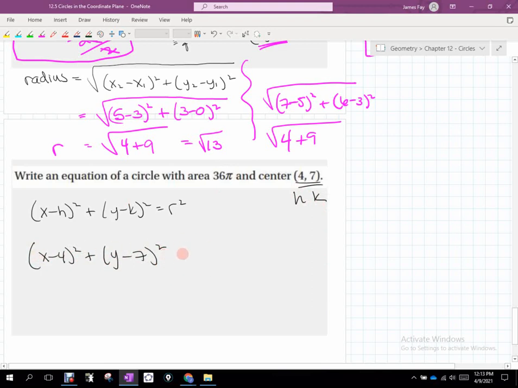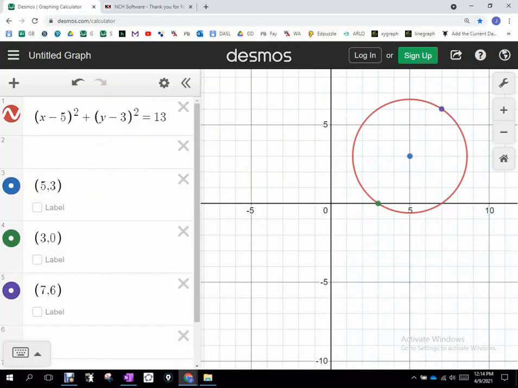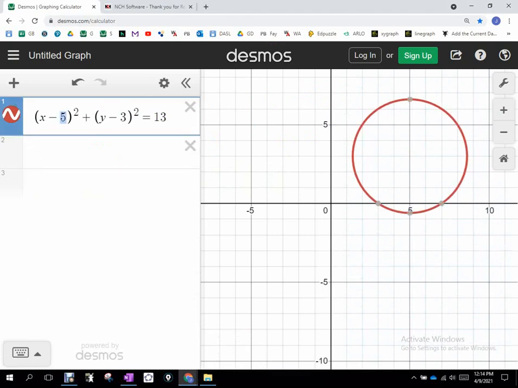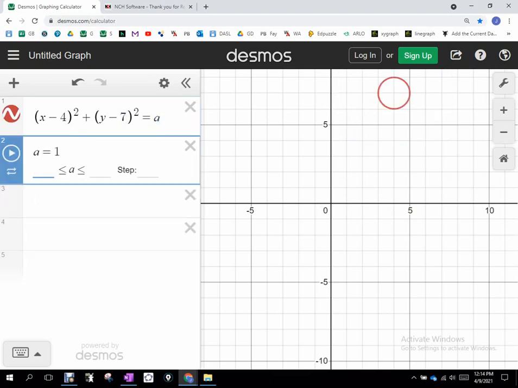But if I just have it, there's actually an infinite number of circles that have that center. Does that make sense? Those circles would all look like this. Let's go. X minus 4, 7, right? And let's say that that is A. Let's create a slider for A. Though A can only be from, let's go 0 to, let's just go to 100 right now.